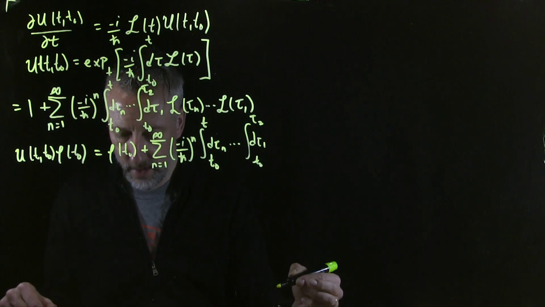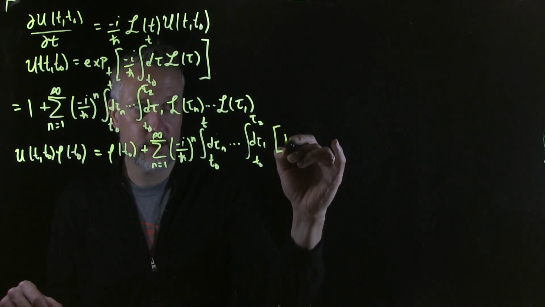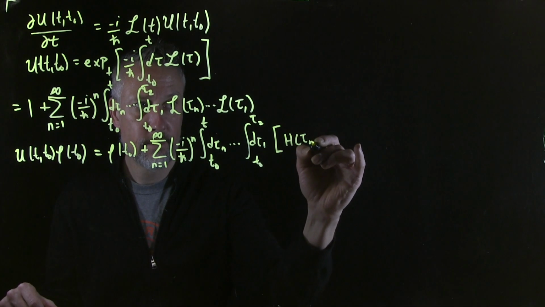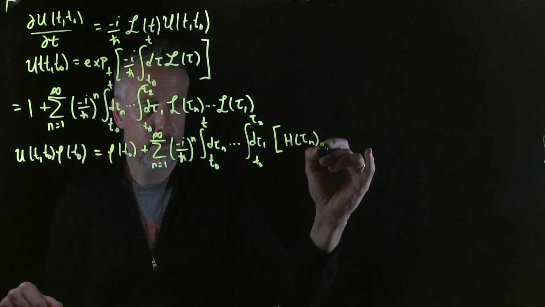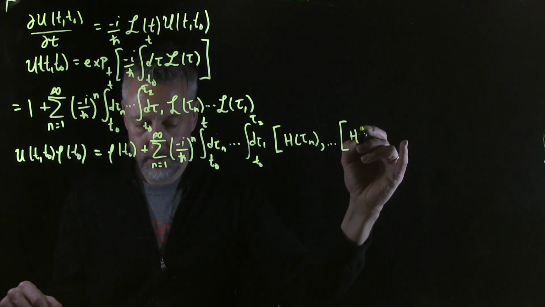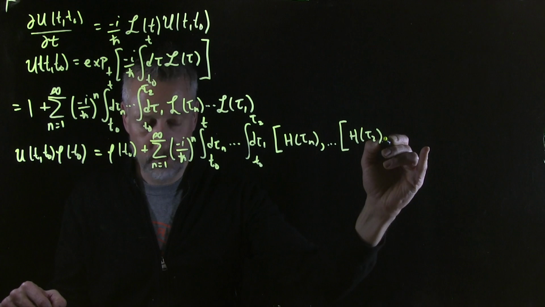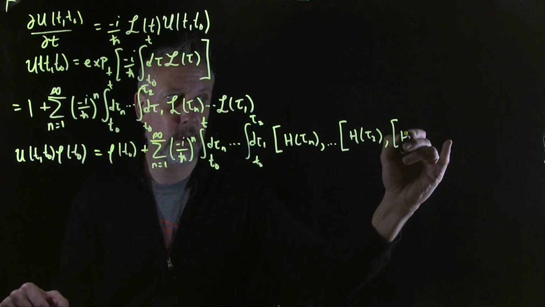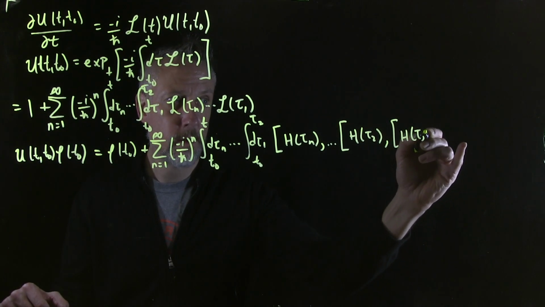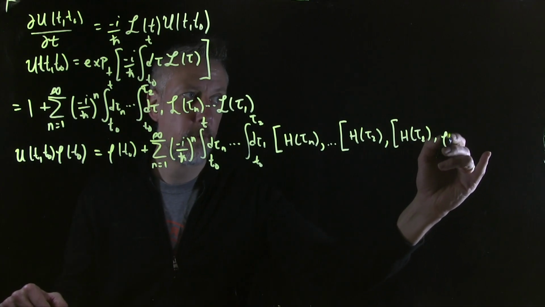So that means what that's going to look like is a bunch of commutators. Now, this is going to look really weird. You probably have not seen anything remotely like this before. So we're going to go through this slowly with hand-drawn examples as much as possible.